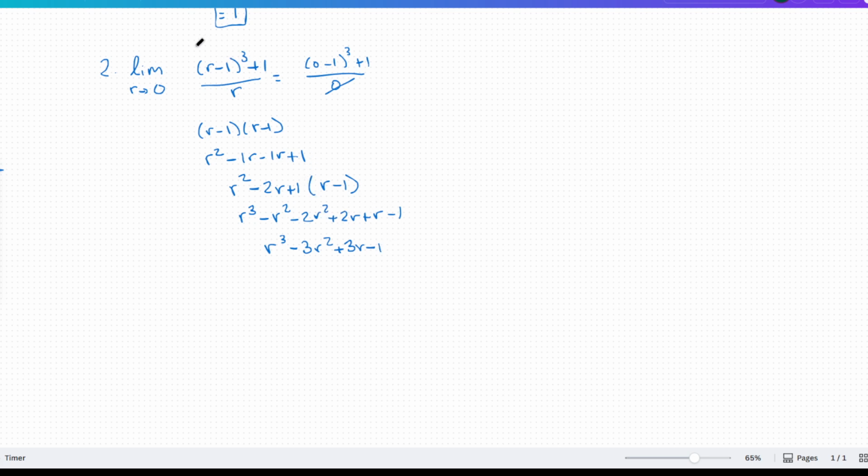This is what our numerator looks like, and we have to remember to add the plus 1 again at the top, all over r. As you can see, the 1s cancel out, and we are left with r cubed minus 3r squared plus 3r over r. We can nicely take out this r and get r squared minus 3r plus 3 over r.